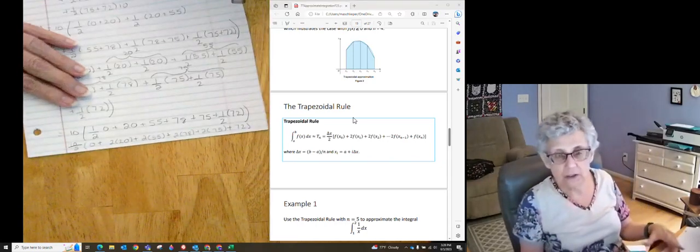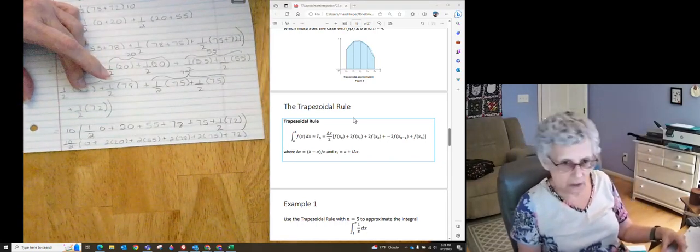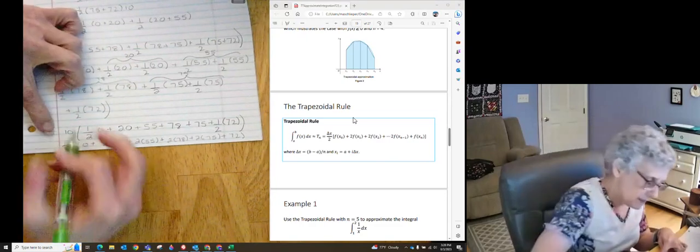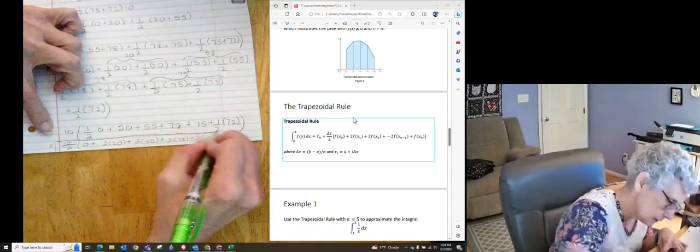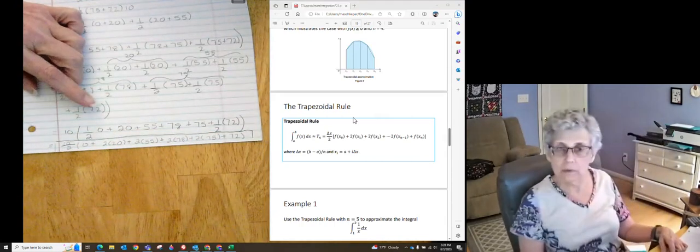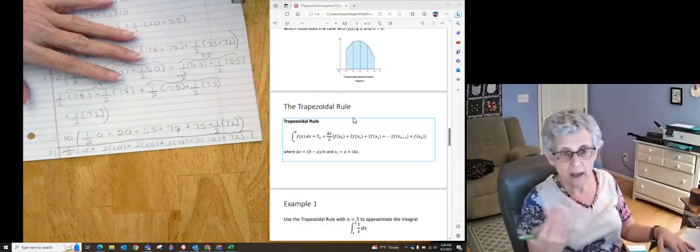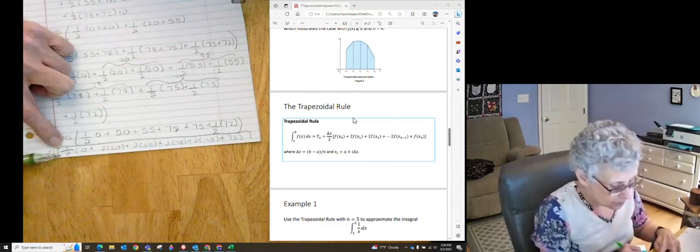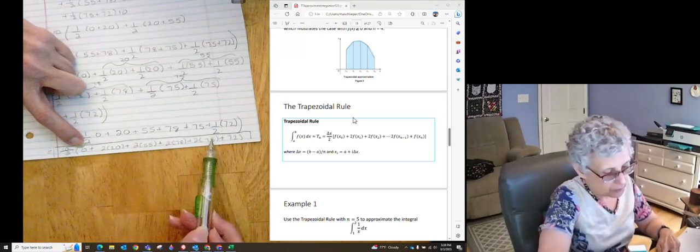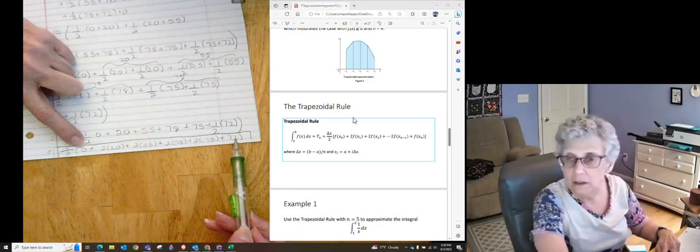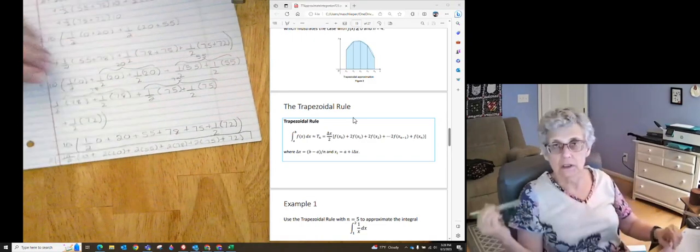That way I can factor that 1/2 out like I wanted to do earlier. And this is the pattern that you should memorize. Half delta x, or delta x over 2, and then the first term, double all the other terms until you get to the last one. It just gets 1.